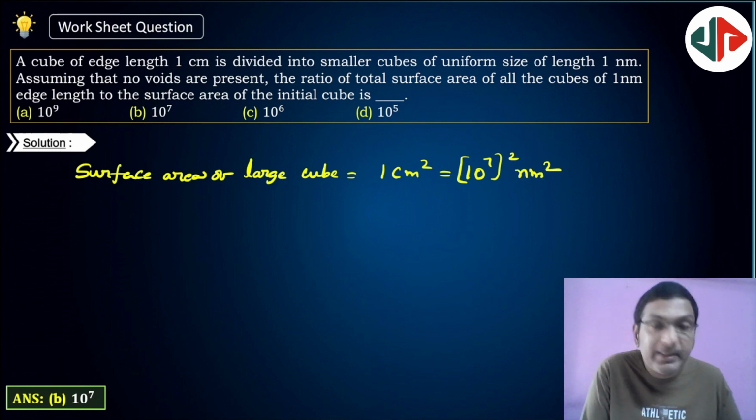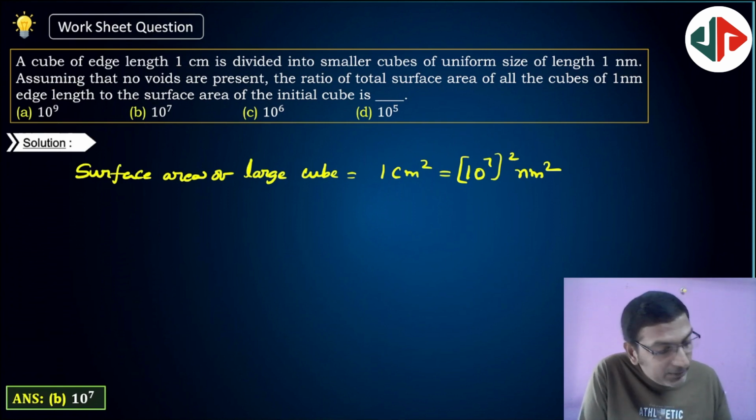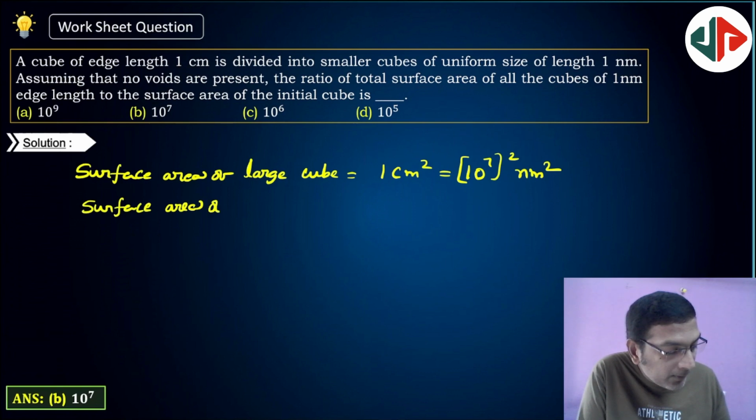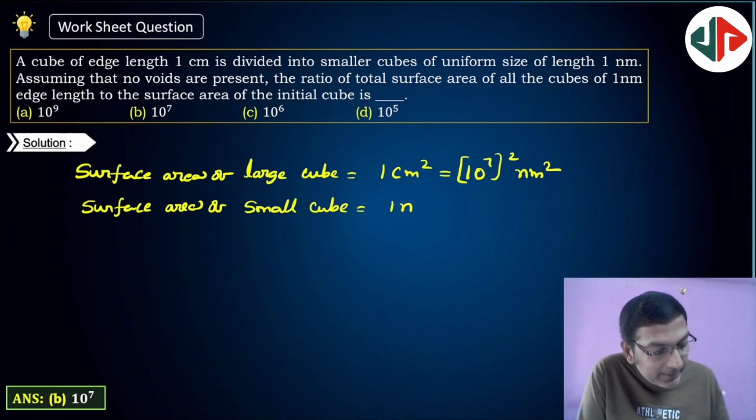This is surface area of large cube. So it is divided into small cubes of length 1 nanometer, and the surface area of small cube, which is equal to 1 nanometer, is given. That means 1 nanometer square.